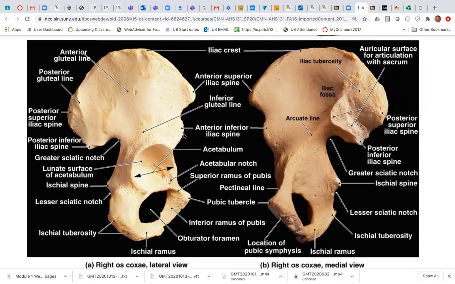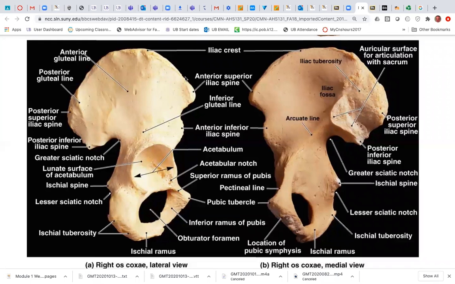And these are important landmarks because when we do muscles, for exam 3, the ASIS is where the longest muscle in the body is going to attach, called the sartorius. And then in second place, there's a muscle that originates on the AIIS called the rectus femoris. It's one of your quadricep muscles.